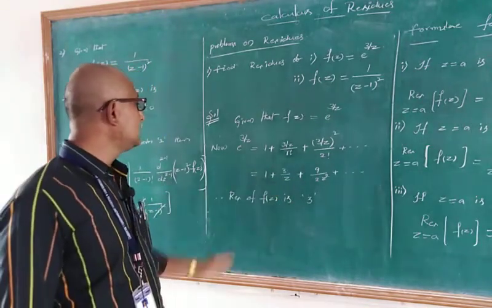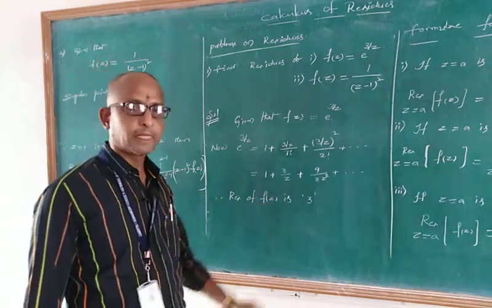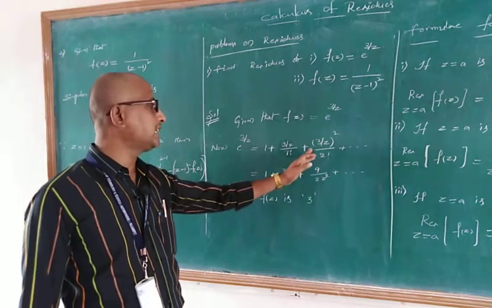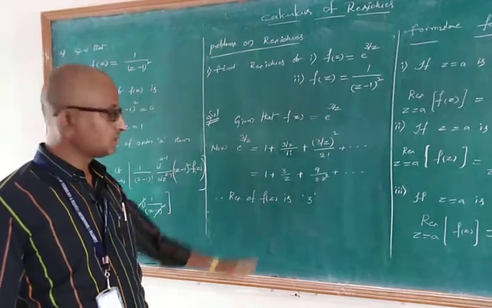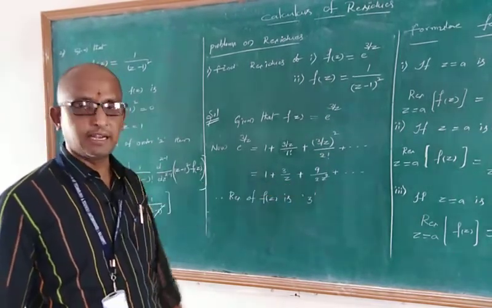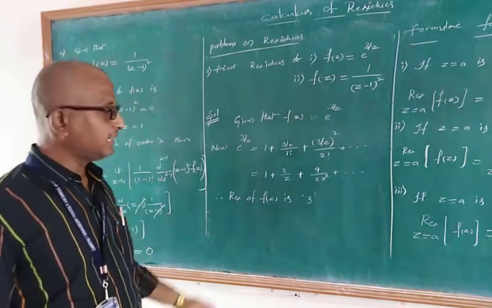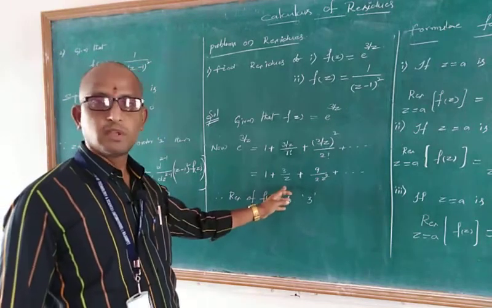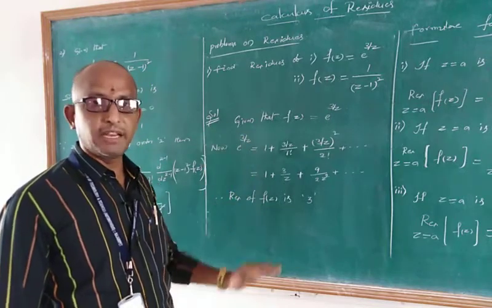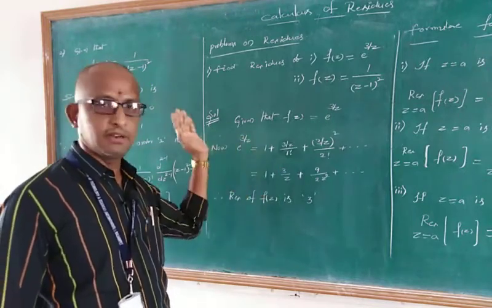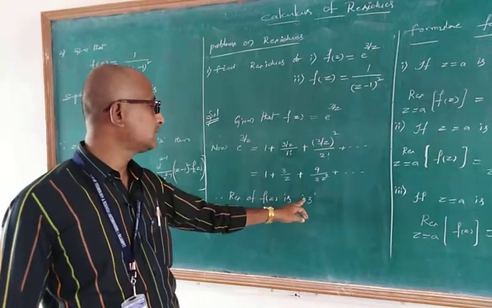Applying this formula, e^(3/z) = 1 + (3/z)/1! + (3/z)²/2! + and so on, that is 1 + 3/z + 9/(2z²) + and so on. Residue of f(z) is the coefficient of 1/z, meaning the a_(−1) coefficient, as defined in the previous video. So residue of f(z) is 3.